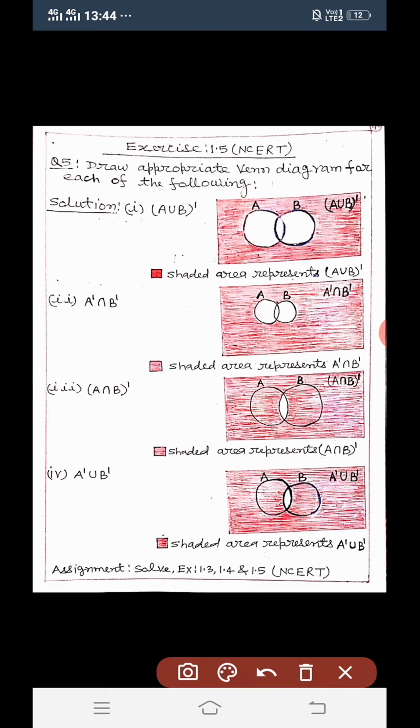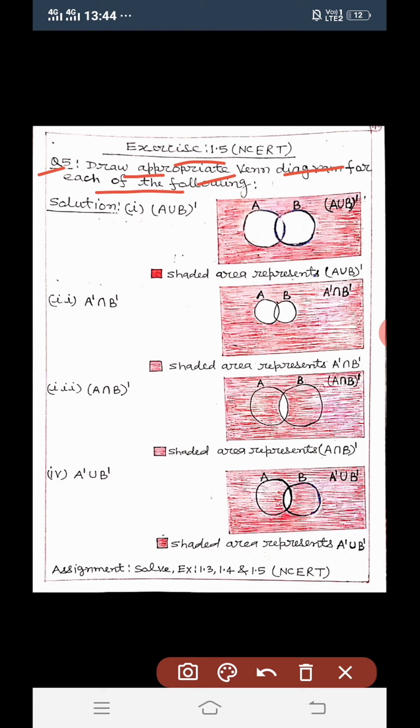Now we discuss the solution of questions of exercise 1.5 from NCERT. Question number 5. Draw appropriate Venn diagram for each of the following. Dear students, according to De Morgan's laws, we have A union B whole complement equal to A complement intersection B complement.